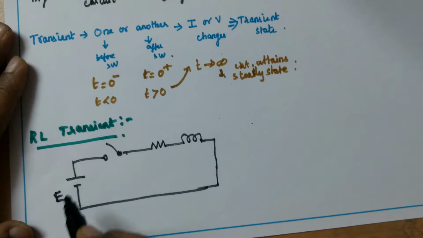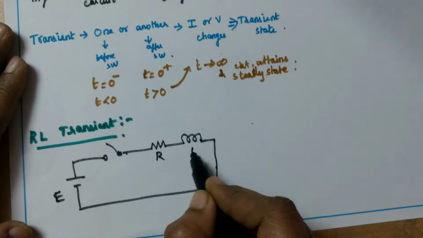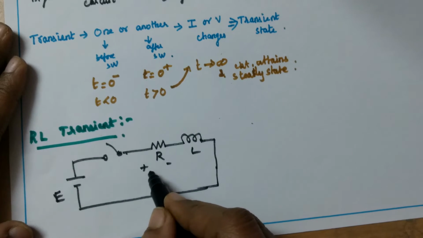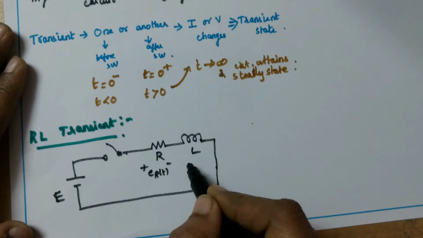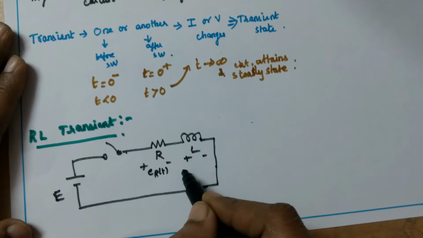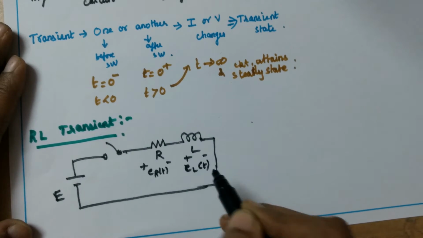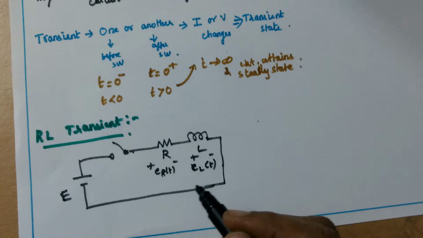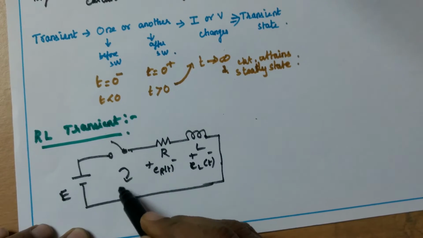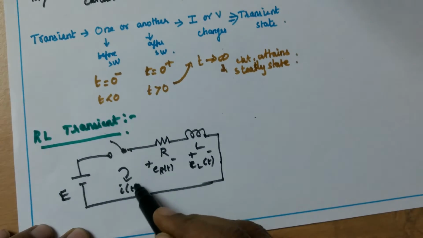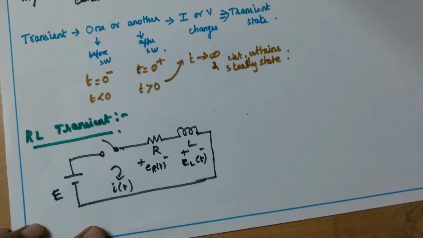The voltage across the resistor is e_R(t), and the voltage across the inductor is e_L(t). We know that for series elements the current is the same, so we define this current as i(t).